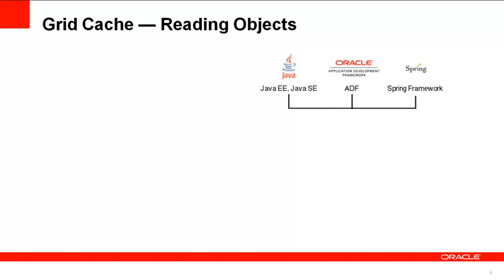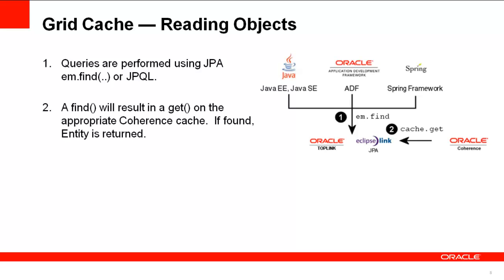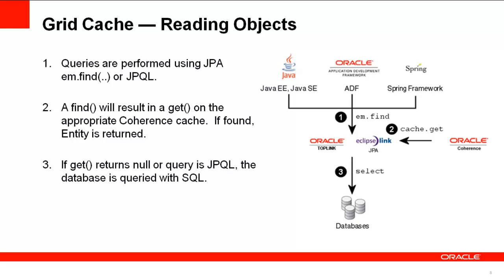Let's step through what happens when we perform a read. A query is performed, either a JPQL query or an entity manager find by primary key. A primary key query will go to Coherence and do a get by primary key. If you find the object, it's simply returned. However, if the get returns null or the query was a JPQL query, then the database is queried.